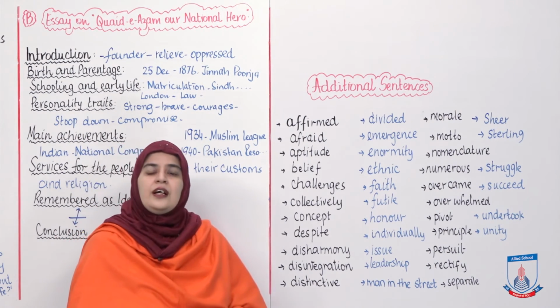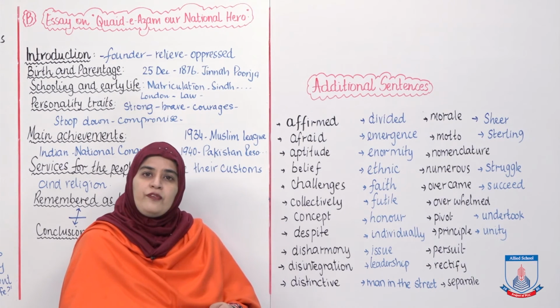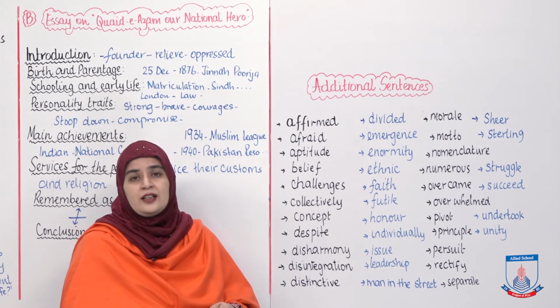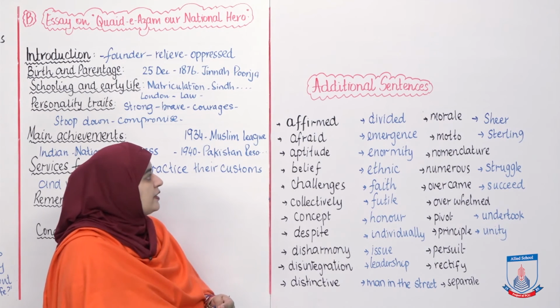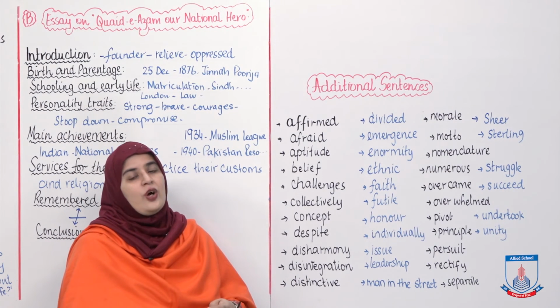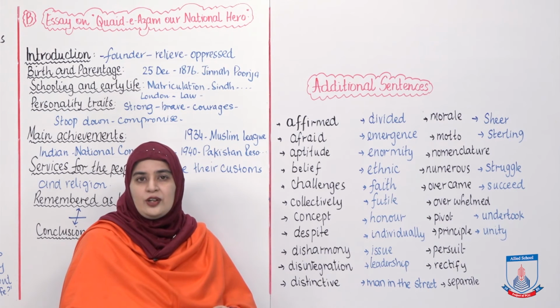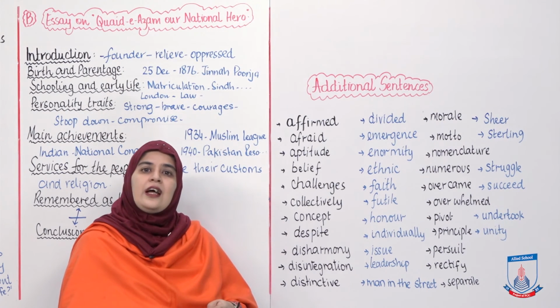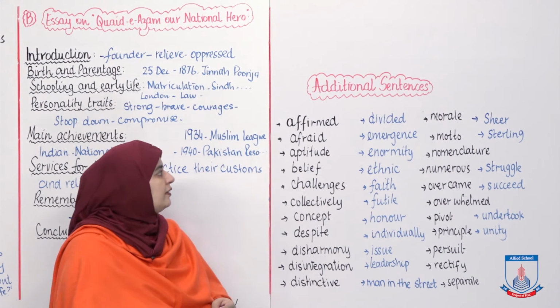Distinctive: snakes are known for their distinctive colors on their scales. Divided: if we are united and not divided on any ideology, nobody can take over Pakistan.